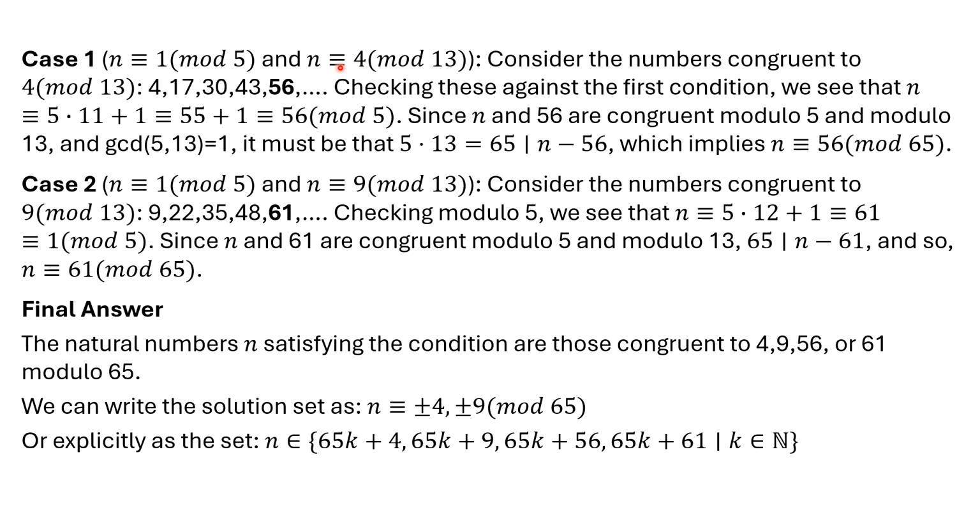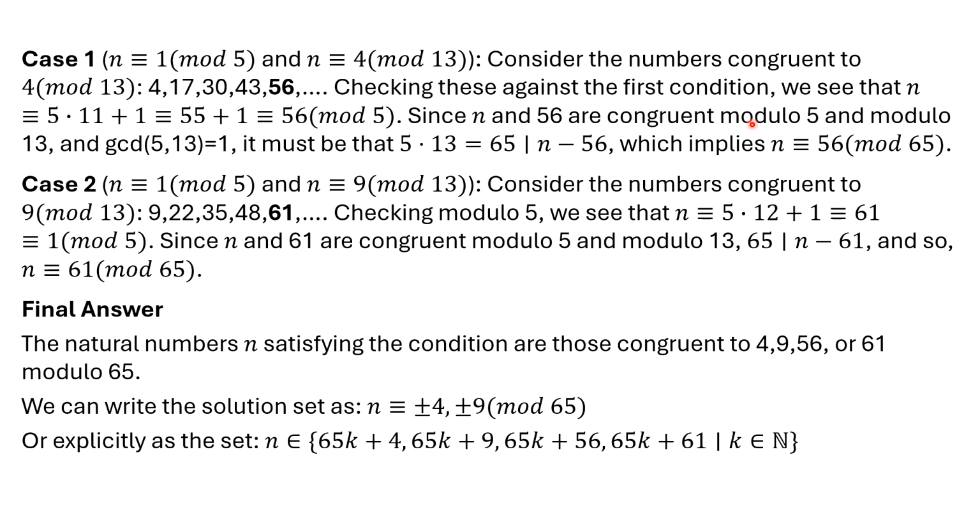So from this first one here, we see that n minus 56 is divisible by 13 effectively. And if we examine the first condition, we can write n is 5 times 11 plus 1. We just have the 1 here, and this is essentially 0 mod 5. Then we add this together, and we get congruent mod 56. So in this case here, we got n minus 56 is divisible by 5.